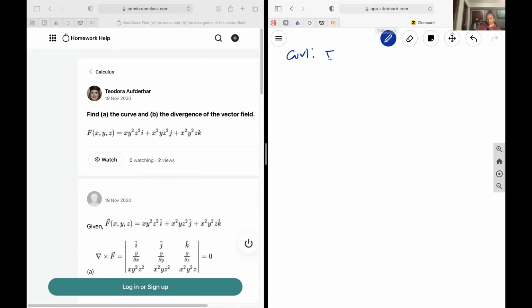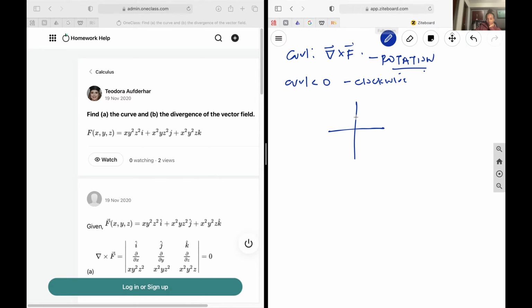The curl is similar, and it's going to be the cross product between the two. Okay, and what it measures is the rotation. And so when the curl is less than 0, you'll have clockwise rotation. So let's say the z-axis was coming out to me.